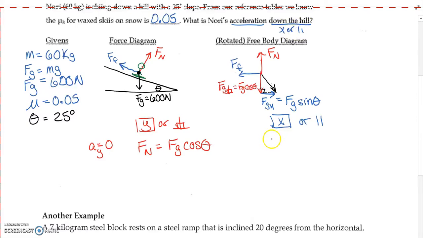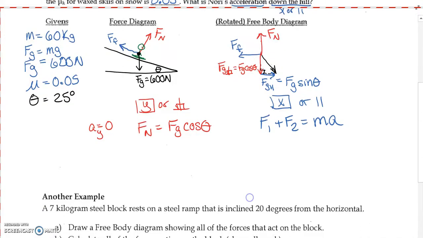So we're going to say that F1 plus F2 equals ma, our usual F net equals ma formula, where Fg parallel, or Fg sine theta, is in this positive rightward direction, and the force of friction is in the negative direction, and then that equals the mass times the acceleration.